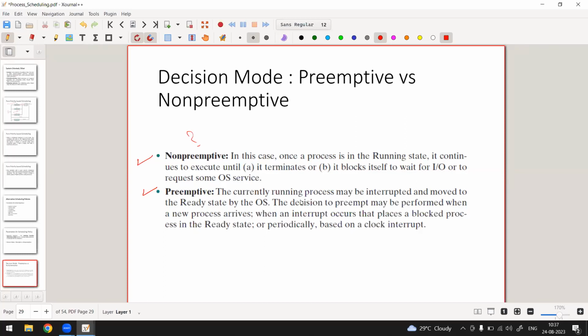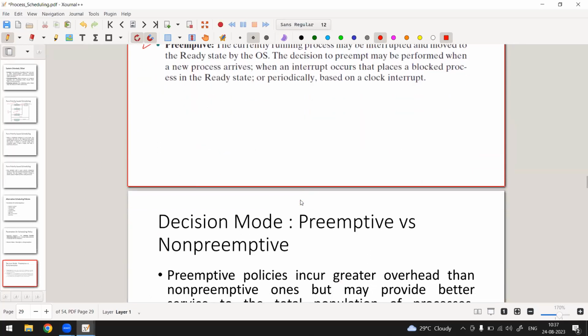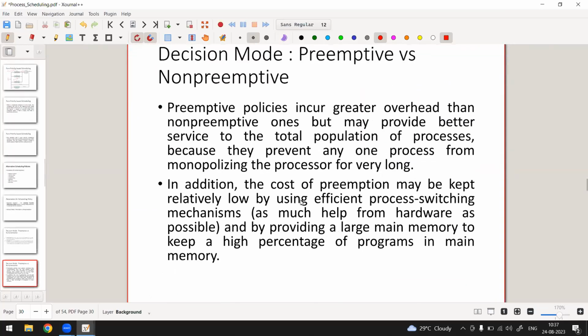Preemptive policies incur greater overhead than non-preemptive, but they may provide better service to the total population of processes, and they prevent any process from monopolizing the processor for a long time, right?